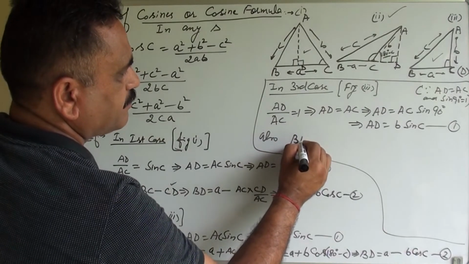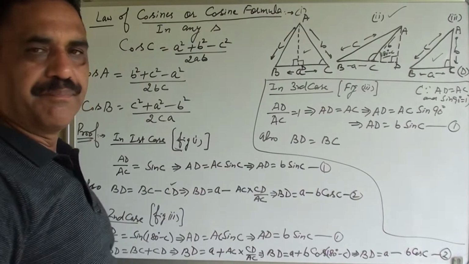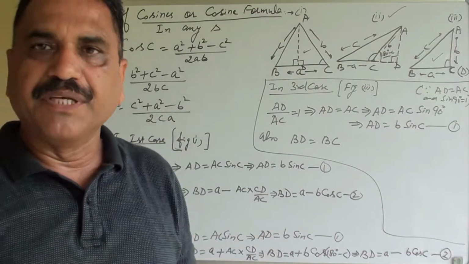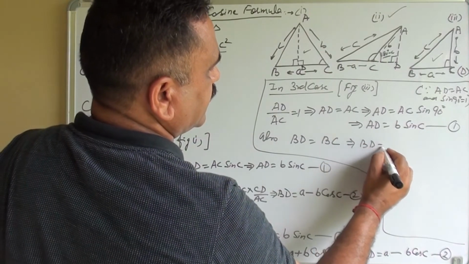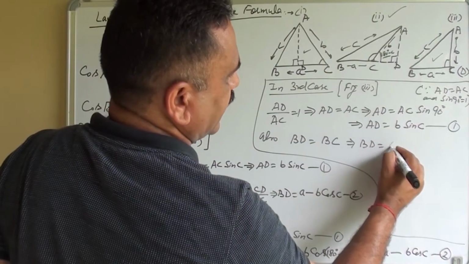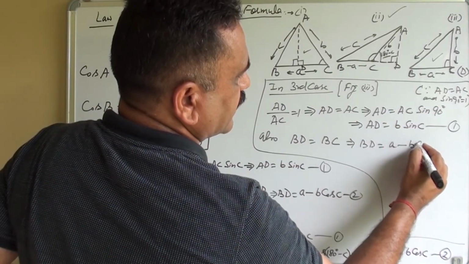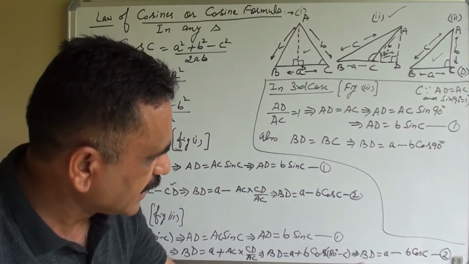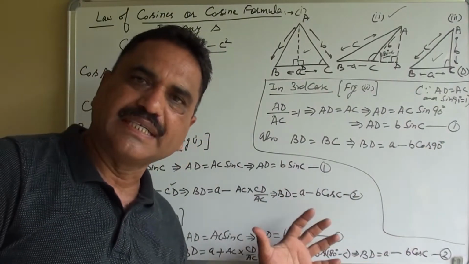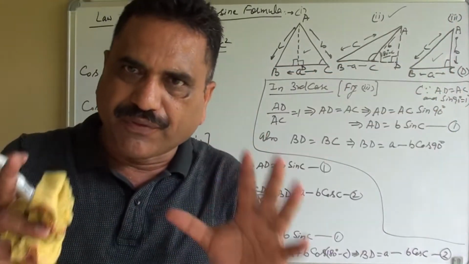What is BD? BD is equal to BC. Now this implies BD is equal to, again, what is the value of BC? A. Now we can write it like this, because cos 90. Why? क्योंकि देखिए यहां पर B cos C all cases में आ रहा है. यहां भी अगर हम इसको B cos 90 लिखते हैं कोई फर्क पड़ेगा नहीं.